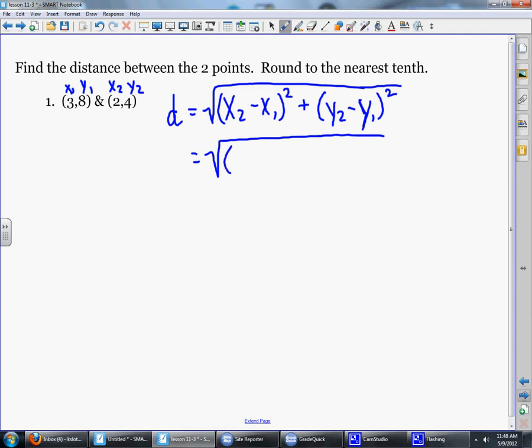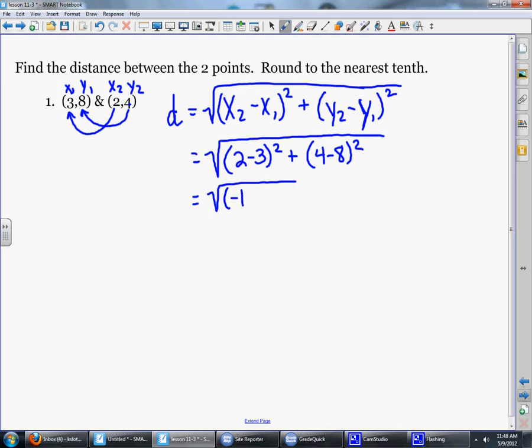So now I'm going to subtract 4 minus 8. Oh, I have to do the x's first. 2 minus 3. It doesn't really matter what you do first because you're just going to add them together. And then 4 minus 8, and you can square that.